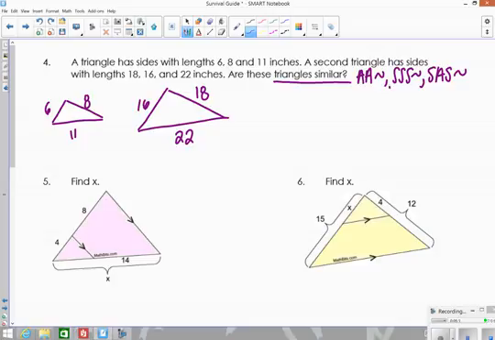So what I need to do is show all three sets of sides are proportional. Otherwise, these triangles aren't similar. So I'm going to compare each of the sides. 6 to 16: if I take 6 over 16 and reduce it, dividing the top and bottom by 2, I get 3 over 8.